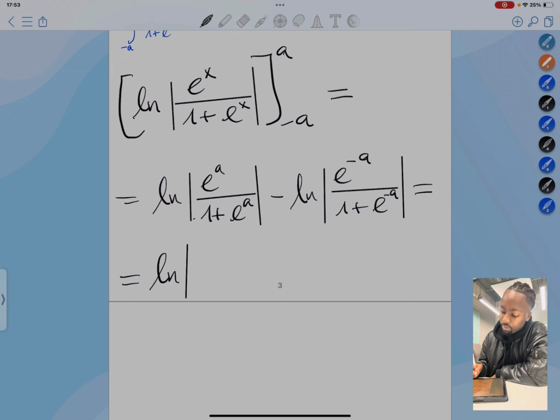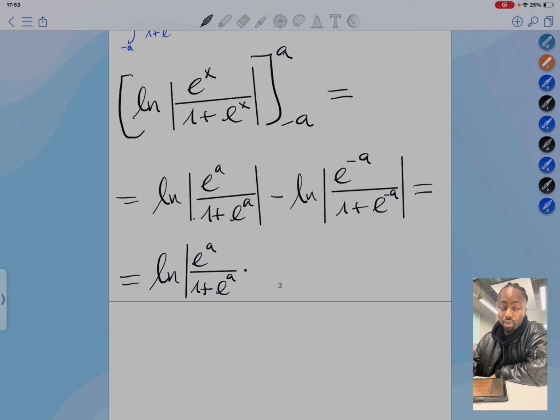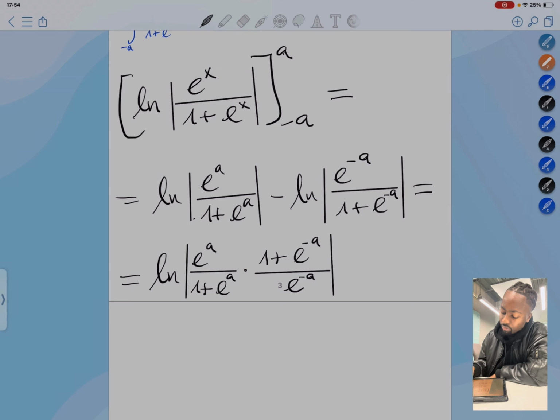Here we have the absolute value, so e to the power a over 1 plus e to the power a would remain the same, but then we flip this because we're dividing, so it's like multiplying by the reciprocal of that one. So we're going to have 1 plus e to the power minus a over e to the power minus a.